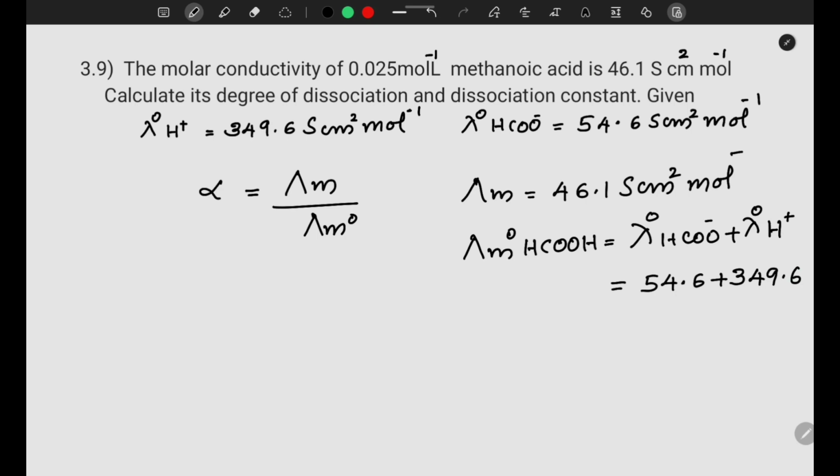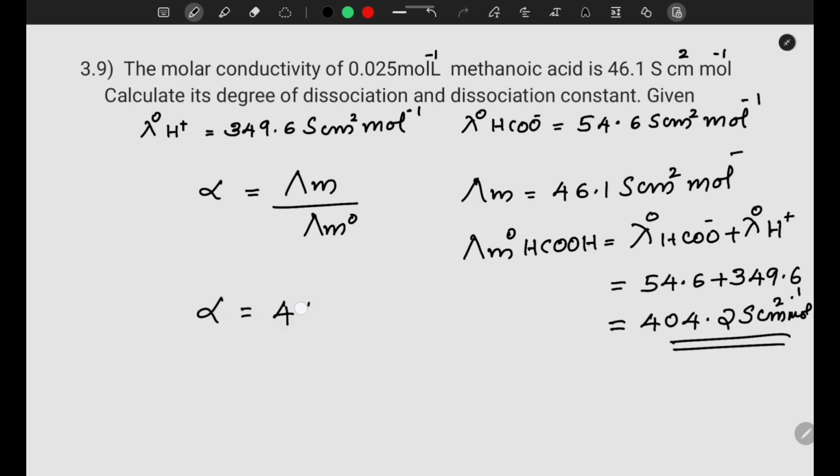So when we simplify, we will get 404.2 Siemens centimeter square mole raised to minus 1. Now degree of dissociation is equal to lambda m by lambda m0.